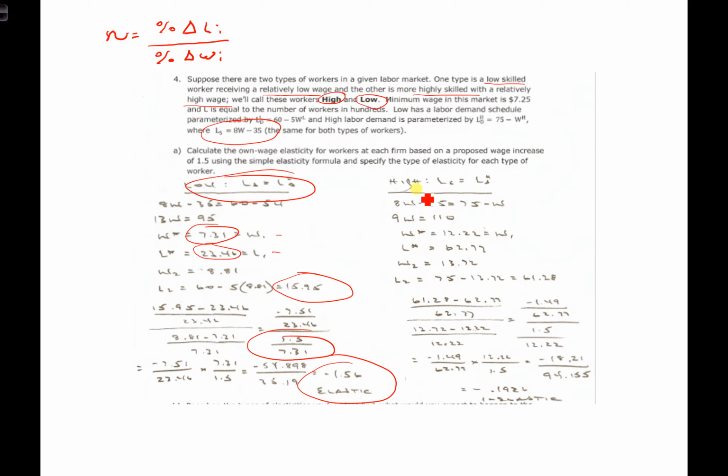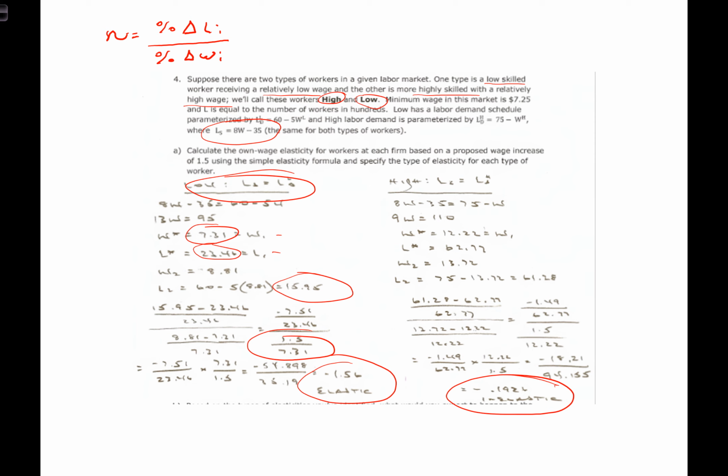We do the exact same thing with the exact same metrics for the high-skilled workers, and we end up with an elasticity of negative 0.1926, and that is inelastic. Again, you're just using the simple formula. If you want to pause the video to look at my math here, you'll see exactly where we are.